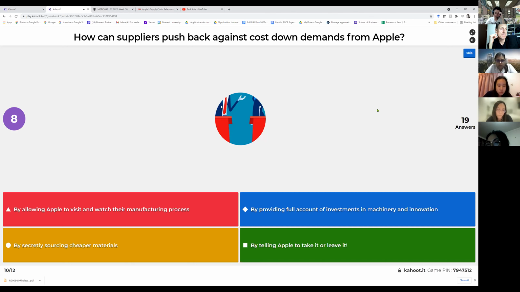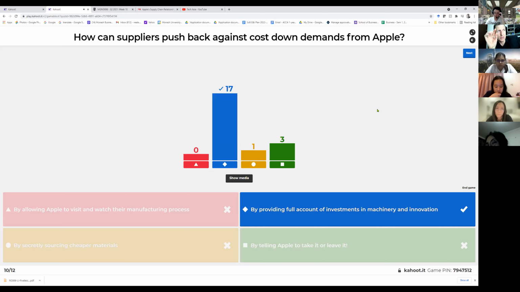Okay. Now remember, be careful. There's one really good answer, which was the blue one. You could say the green one is partially correct, but that's not real pushback, is it? Like, take it or leave it. That's not real pushback.